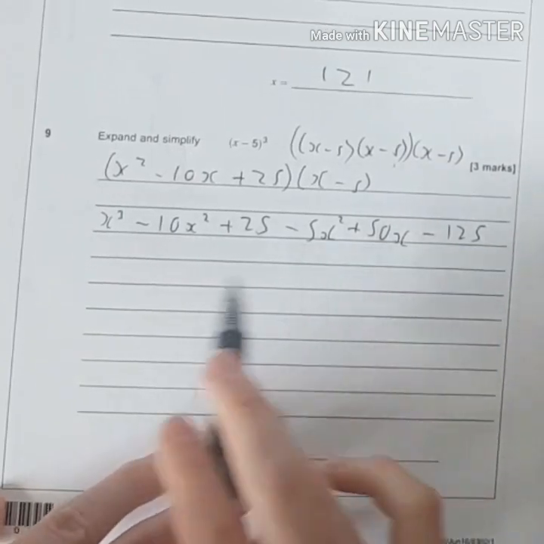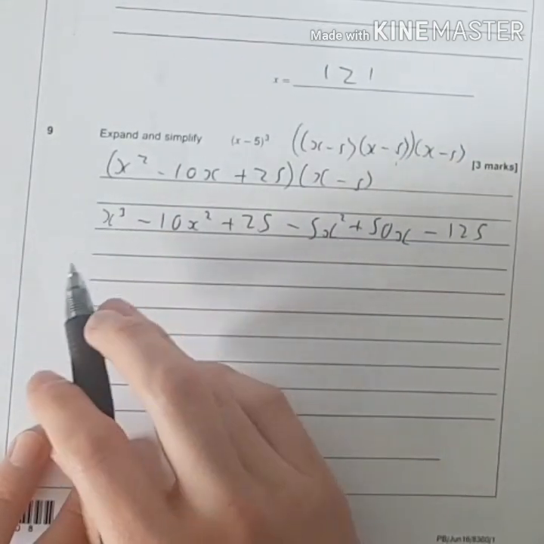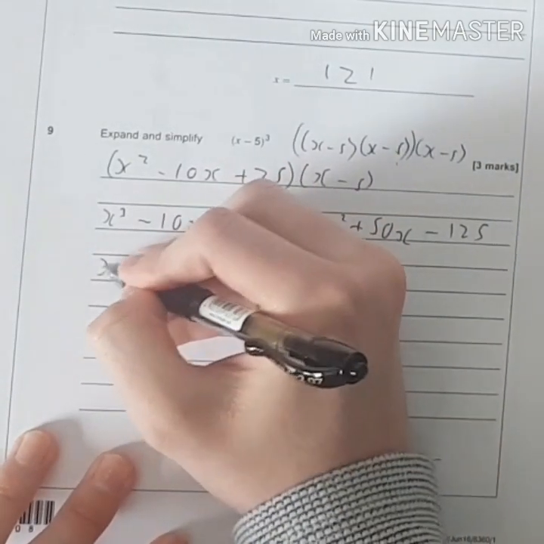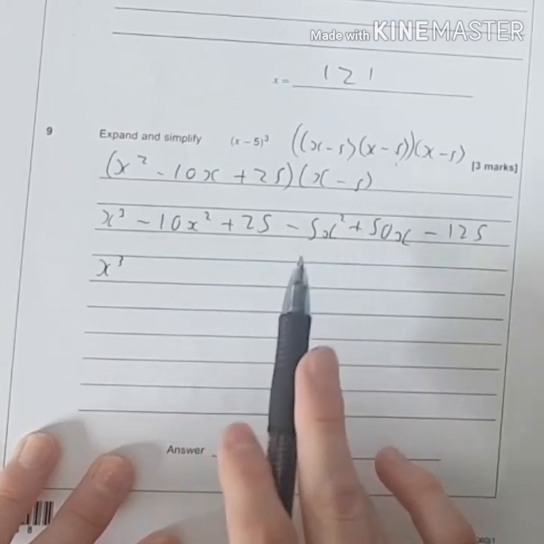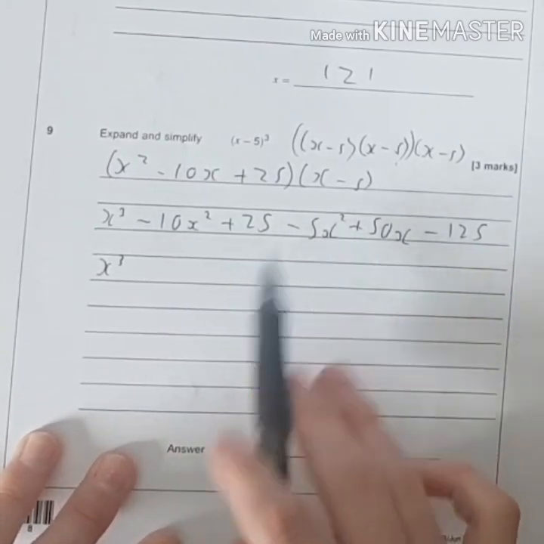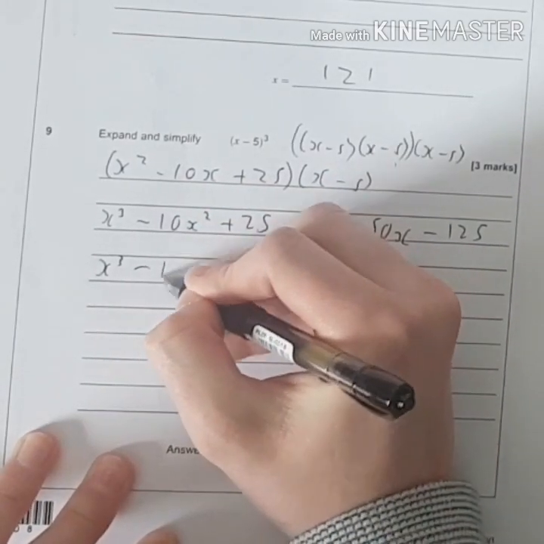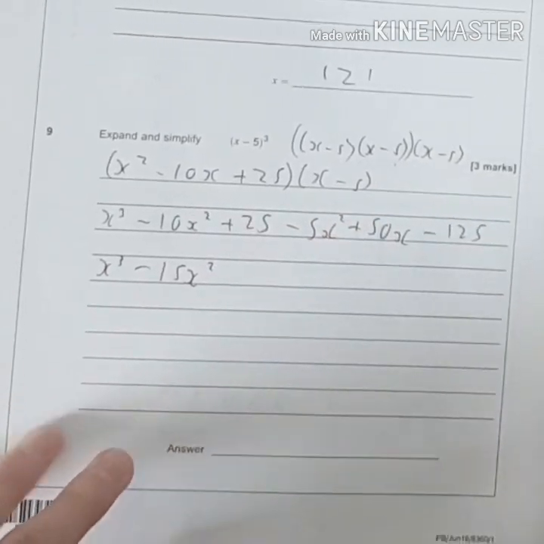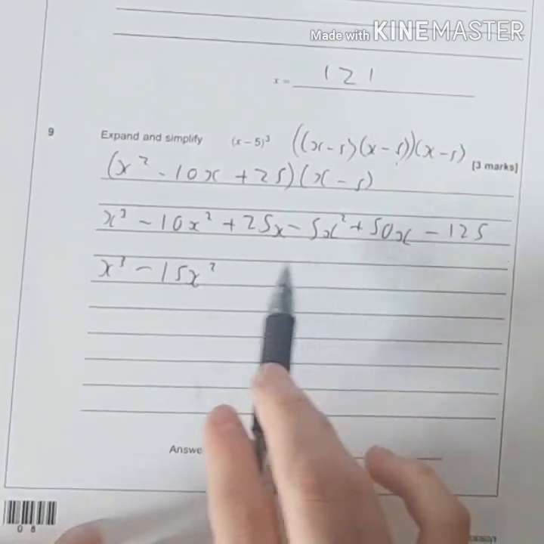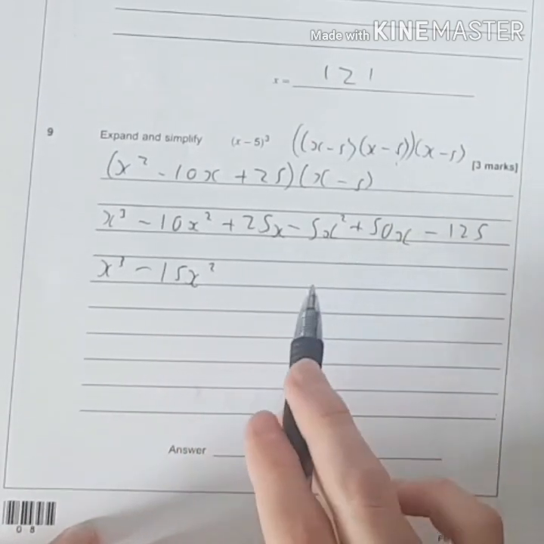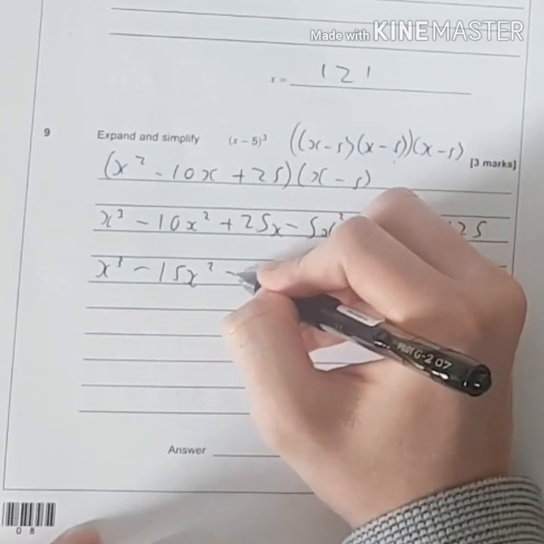So then we can simplify this by collecting the like terms. So we have 1x cubed, we have 2x squared terms, so minus 10x squared minus 5x squared is minus 15x squared. We have 2x terms, so we have 25x plus 50x gives us 75x.